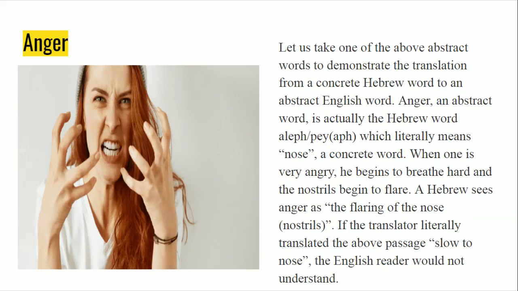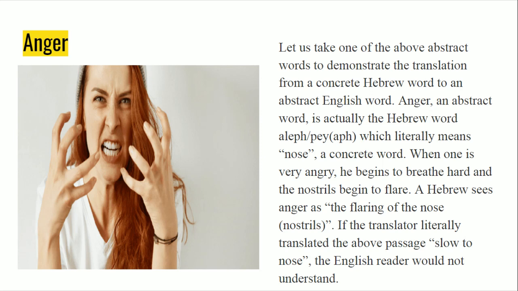Let us take one of the above abstract words to demonstrate the translation from a concrete Hebrew word to the abstract English word: anger. We just saw that about being slow to anger, right? So anger, an abstract word, is actually the Hebrew word aleph peh, af, which literally means nose, a concrete word.